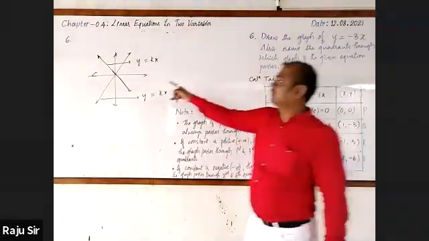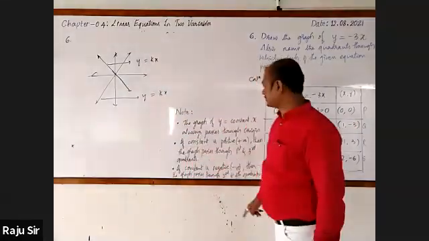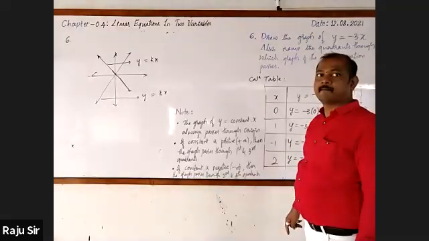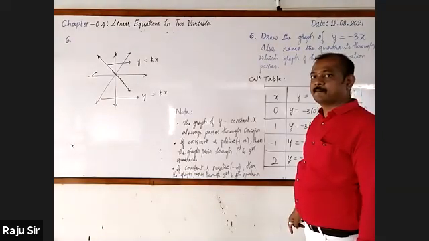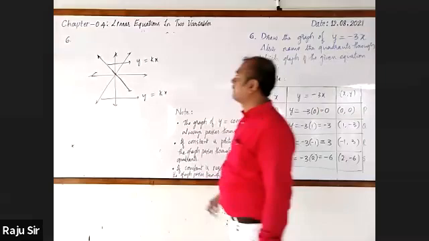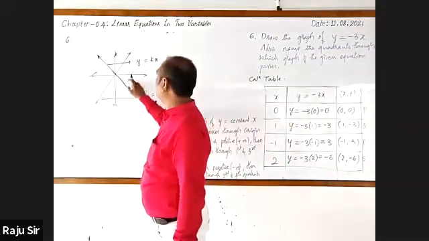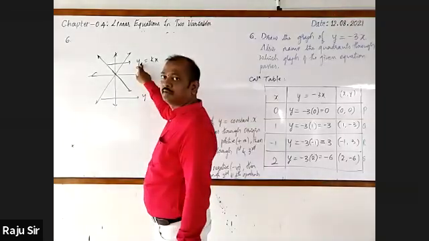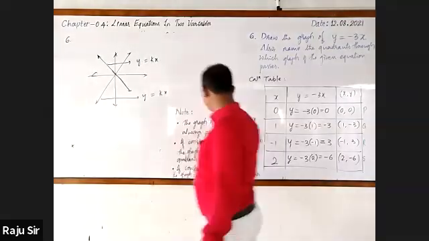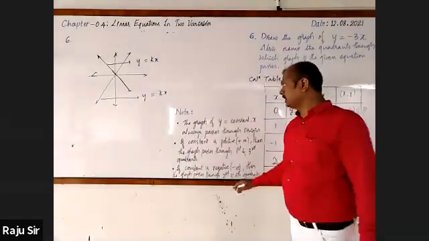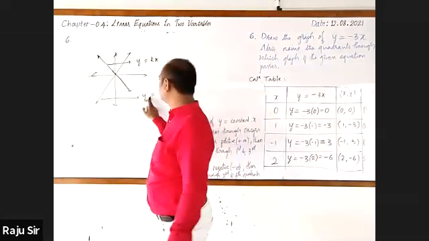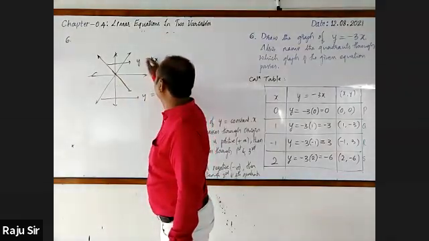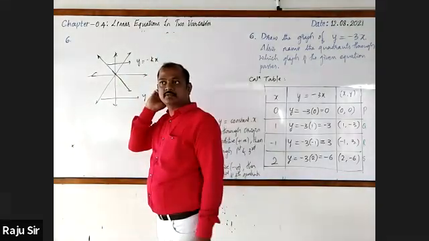If k is negative, it passes through the second and fourth quadrants; if it is positive, the first and third.